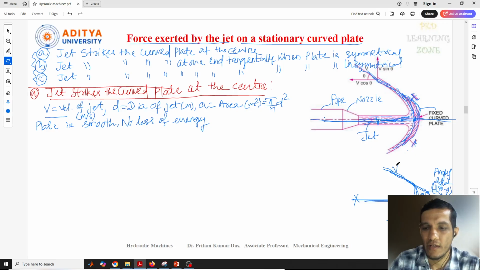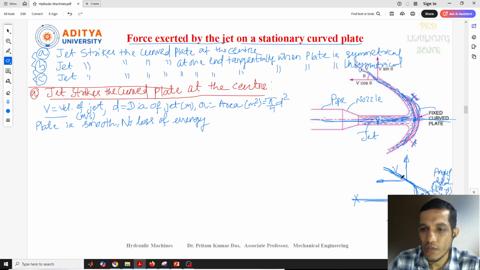That is V. This velocity is coming out from the plate with some angle, so we can resolve it into two components at the outlet condition: one is the y component, another is the x component.